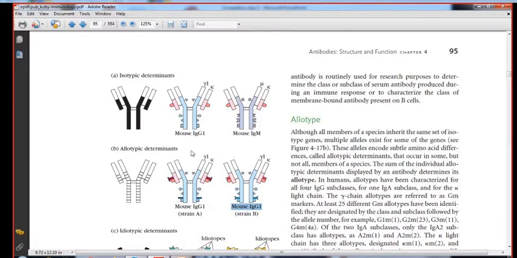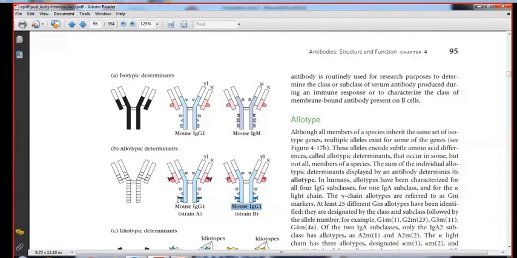In the previous one, where we described isotypic determinants, the constant region of IgG1 and IgM are so similar. But now, although their constant regions are the same, in both cases pink matches with pink, sky blue matches with sky blue, in one or two regions the amino acid sequence may be dissimilar.